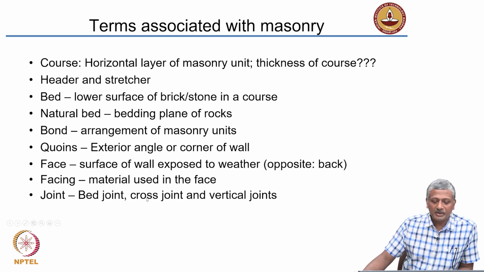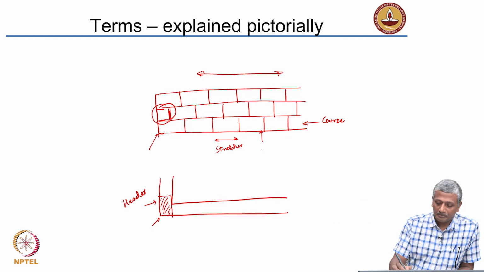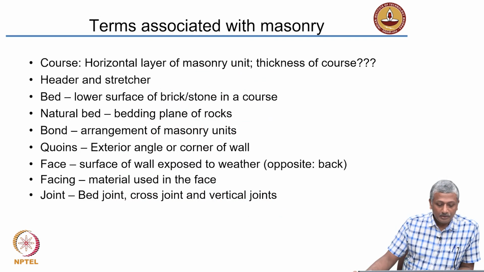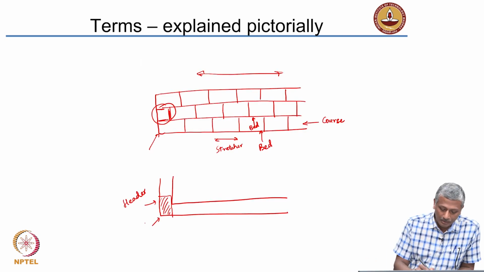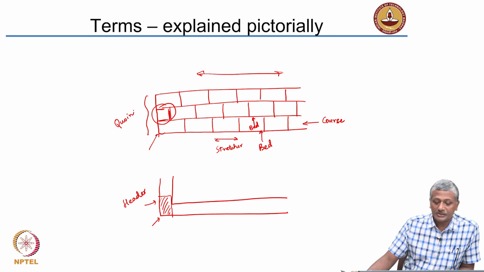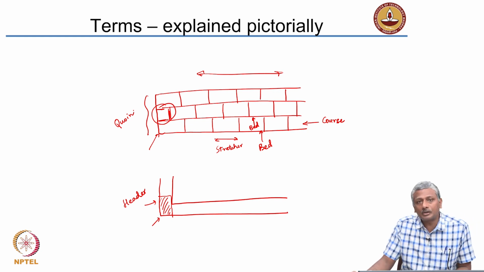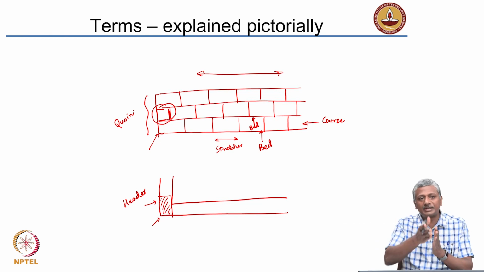A bed is nothing but the lower surface of a brick or stone in the course. So, in this course, that will be the bed, or in this course, this will be the bed. Then we have the coin. Again, the coin is nothing but the exterior angle of the wall. That is where we actually use the coin closers or queen closers to close out the wall at the end so that it can run in the other direction.